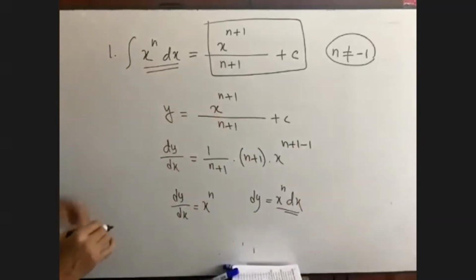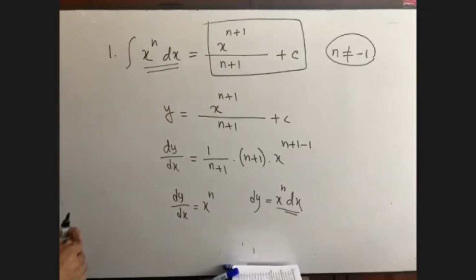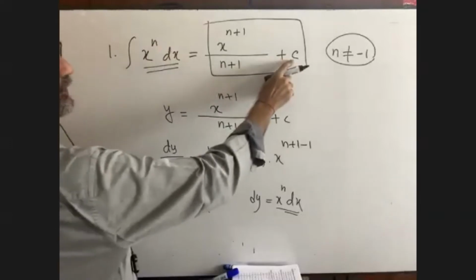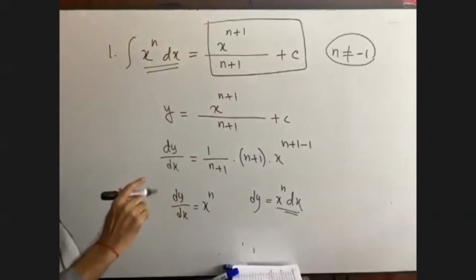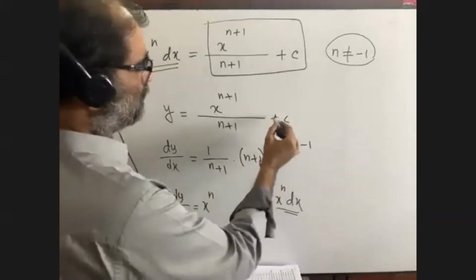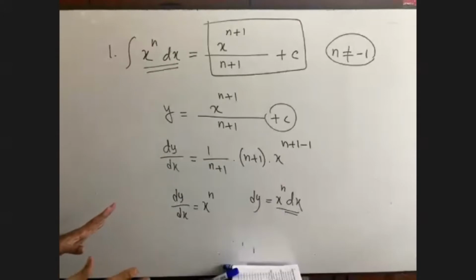Again, another thing, please pay attention here: there is no c here, but we are getting c in the integral. For integration in every math, you have to maintain the formality of writing plus c always, everywhere.